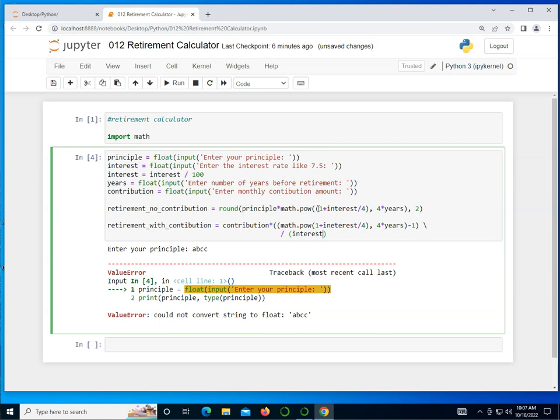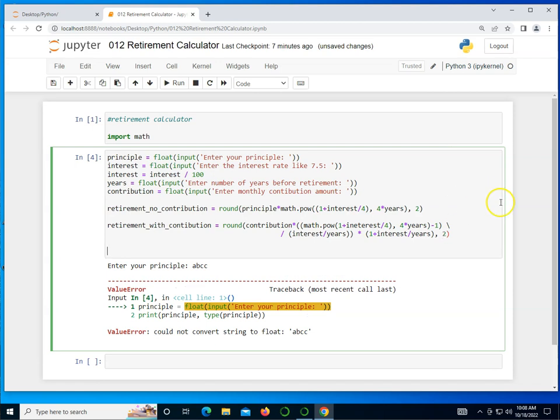So interest divided by years, and I'm going to close this parenthesis, times 1 plus interest divided by years. If I want to round this too, I can put the round function over here and then a comma and 2 decimal places. I got these formulas off Google, so hopefully they are correct. I believe they are. I'm going to print this out.